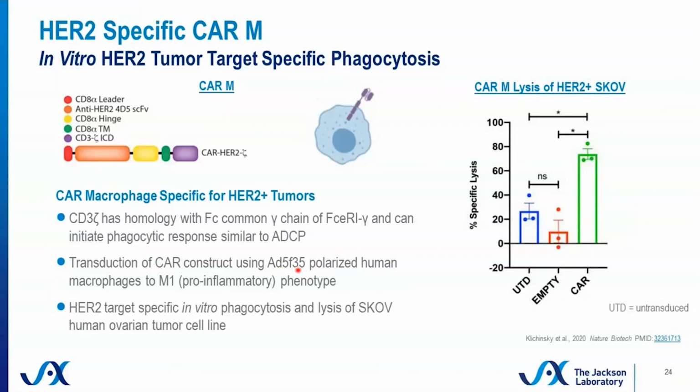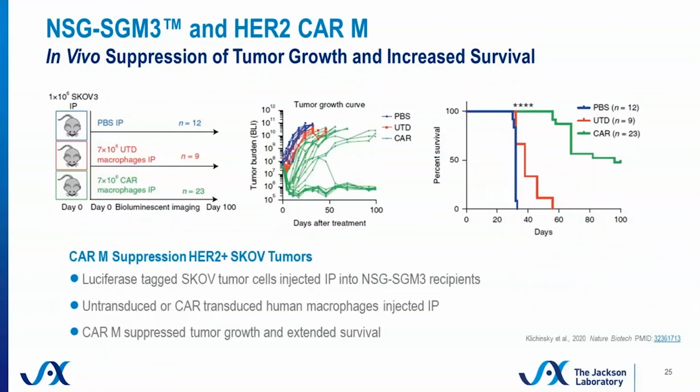By transducing these cells with this adenovirus, you converted these cells to an M1 pro-inflammatory phenotype. And they took these cells and mixed them with their SKOV HER2 expressing cells in vitro and showed very specific lysis using that molecule. So that's the in vitro assay, and then they moved to an in vivo assay.